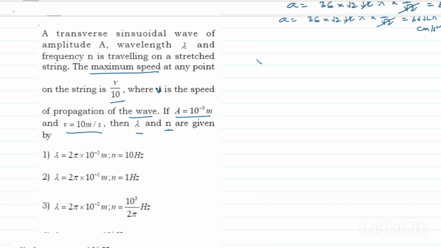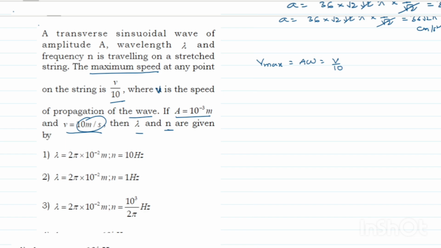Here you know the formula for v maximum, which is A omega. It is given as v by 10, and the v value is already given as 10 meter per second.